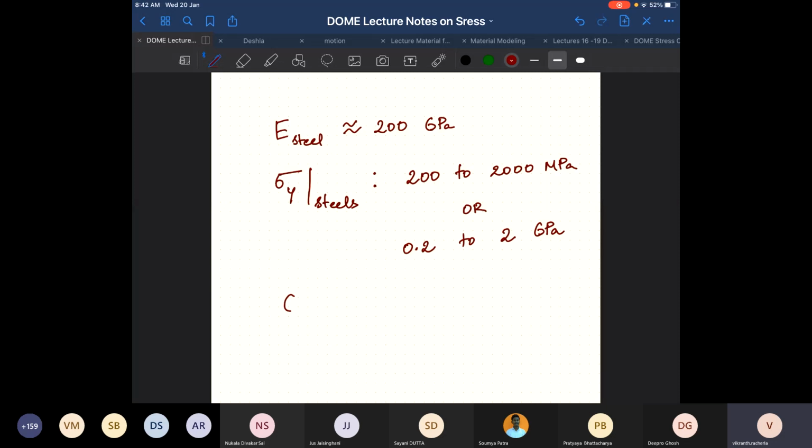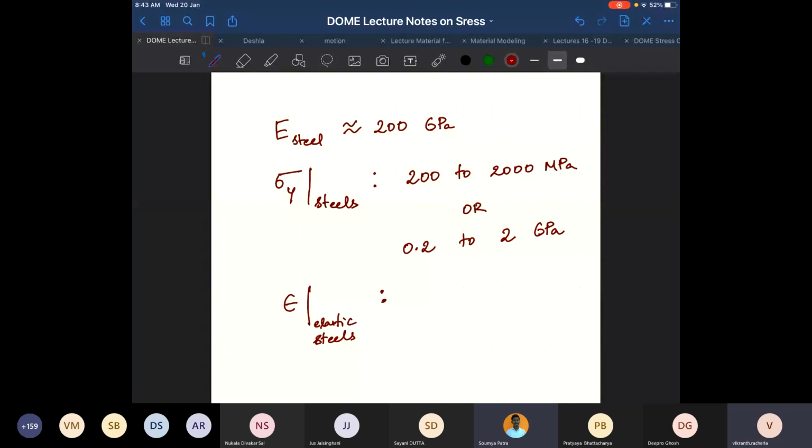So what will be the epsilon? Okay, so what will be the strain? So if I am looking only at elastic strains for steels, what will be the range? What will be the maximum elastic strain that I can allow it to undergo? 0.01.